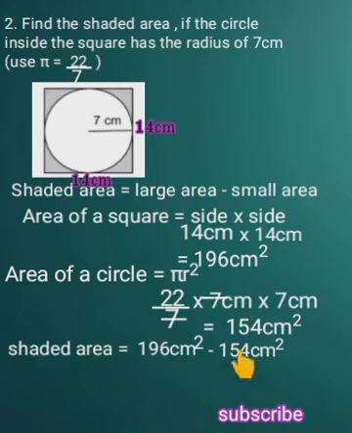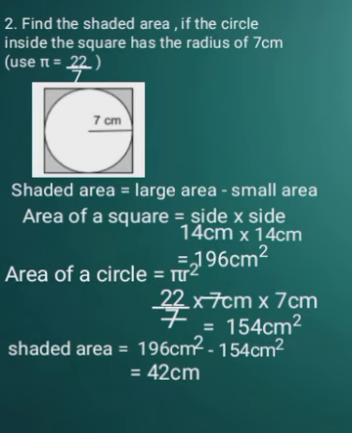You'll get 42. So you get 42 centimeter squared. So that is the correct answer. The shaded area is 42 centimeter squared.